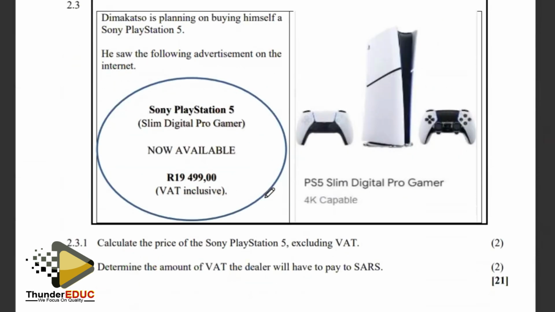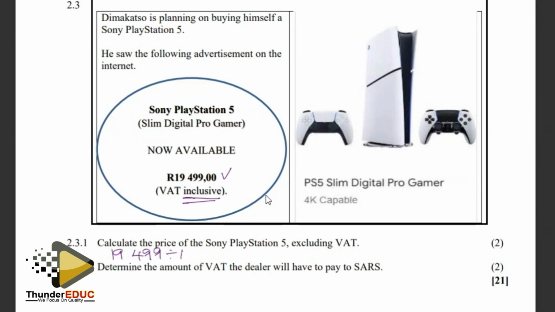The market was planning on buying himself a Sony PlayStation 5. He saw the following advertisement on the internet, right? Calculate the price of the Sony PlayStation excluding VAT. So it's this, VAT inclusive, simply meaning it's included. So when we are excluding, we need to remove.